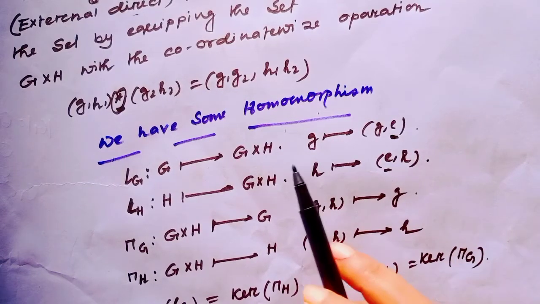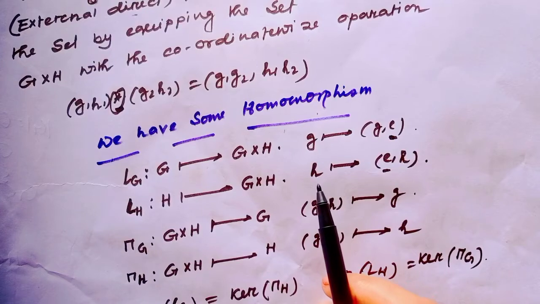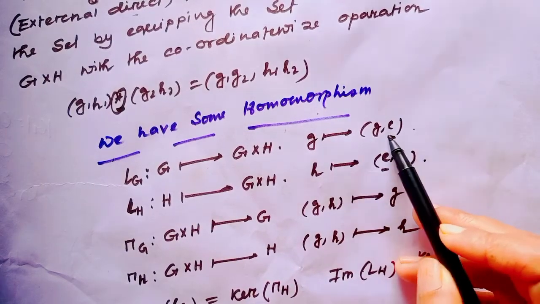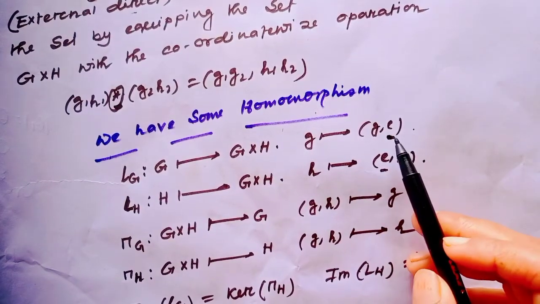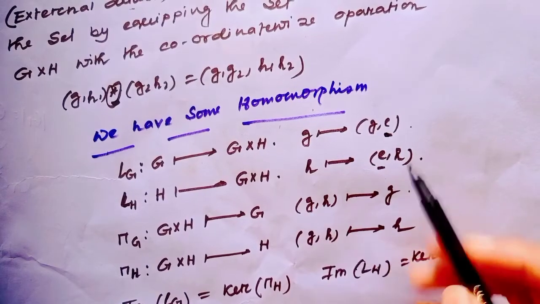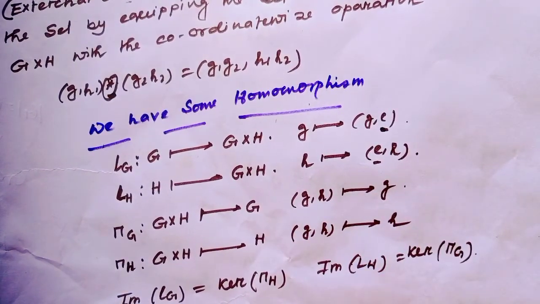This is also called the canonical inclusion or natural inclusion or inclusion map. And notice this e and this e are different. Here e is the identity element of capital H and here it is the identity element of capital G.